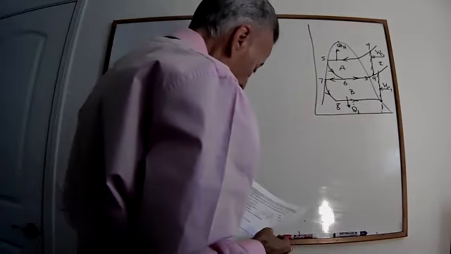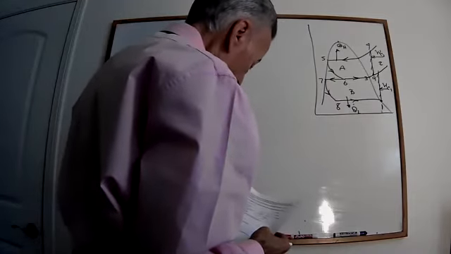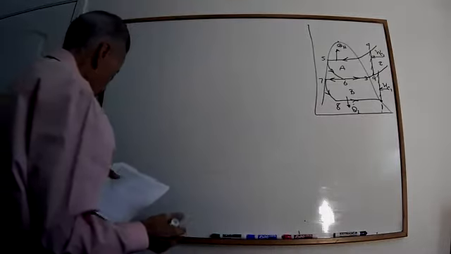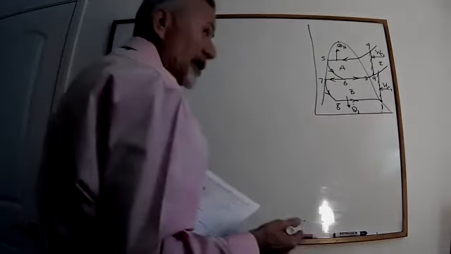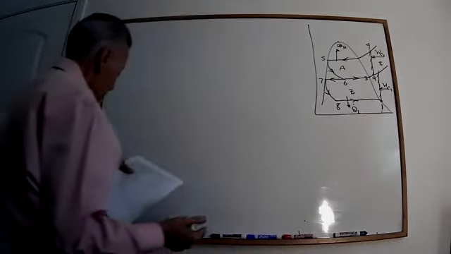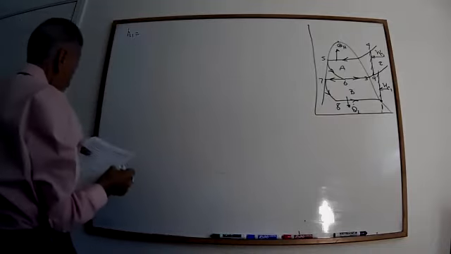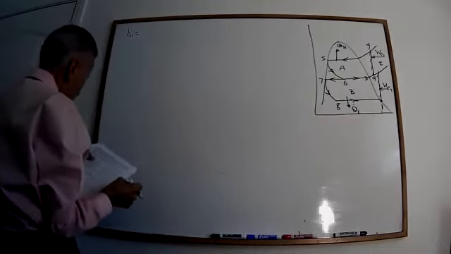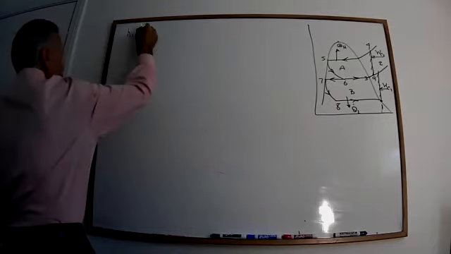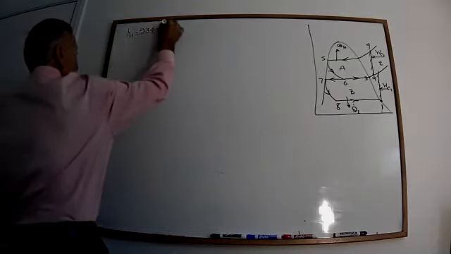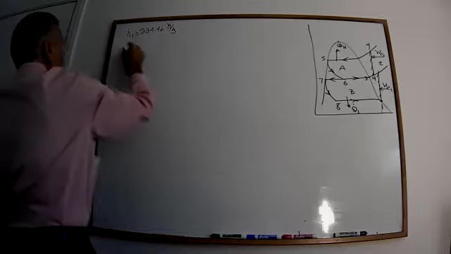Now, based on the information that is given, I'm going to do it the short way because we don't have that much time. So I have the value of H1 becomes 234.46 kilojoule per kilogram.